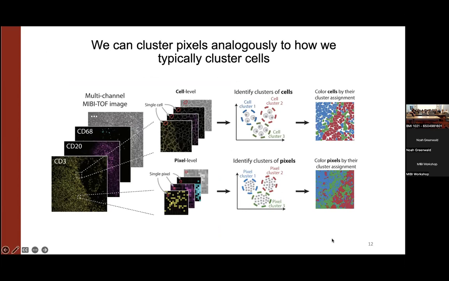And then the user can go in and manually annotate these cells to whatever phenotype they represent. So for instance, we could say the blue clusters are T cells, the red clusters are B cells, etc. So analogously to how we do this at the cell level, we can also do this at the pixel level. We can extract single pixels from our images and identify clusters of pixels.